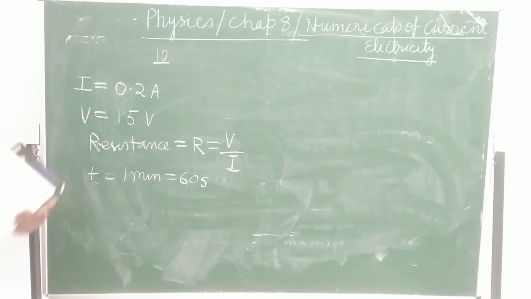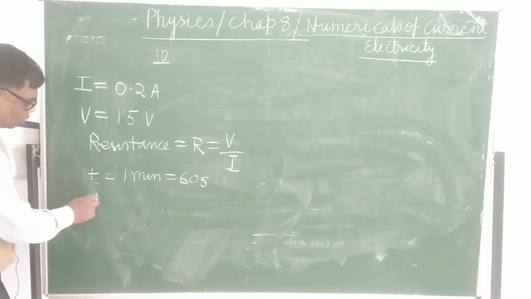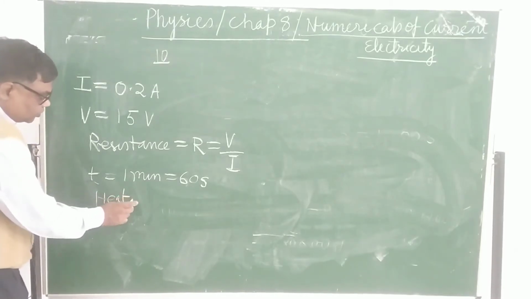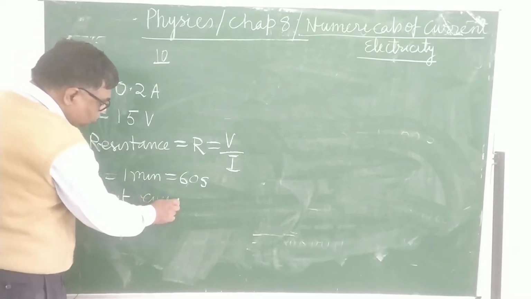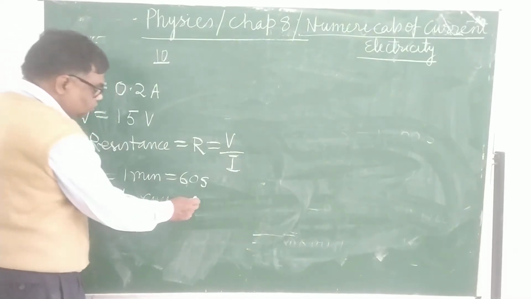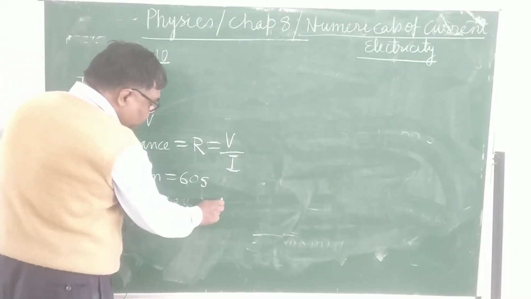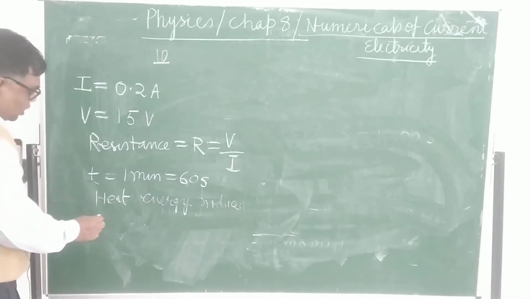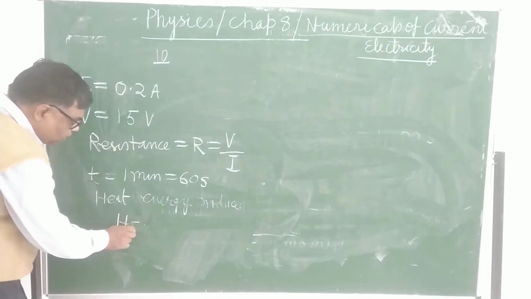V into I into T. So heat energy produced, H equals to VIT.